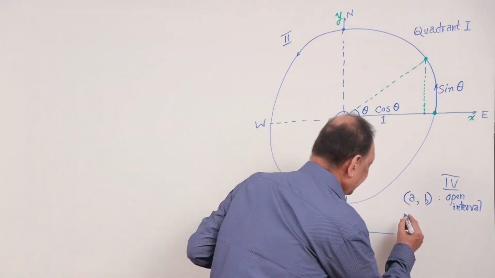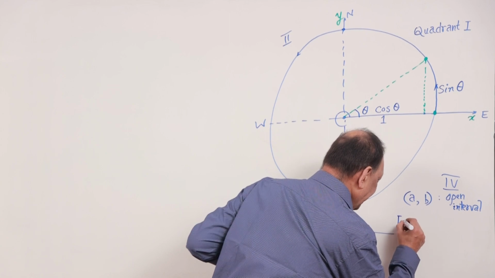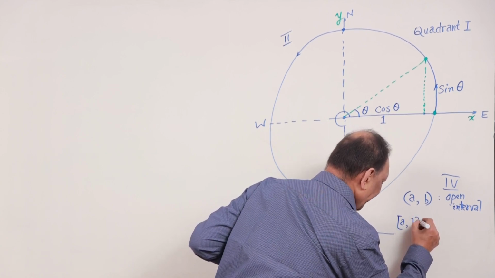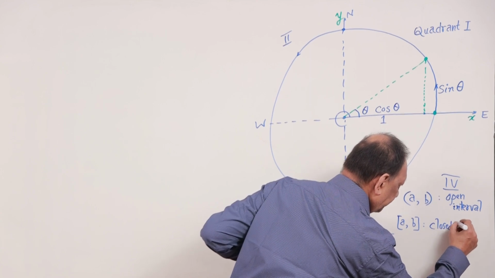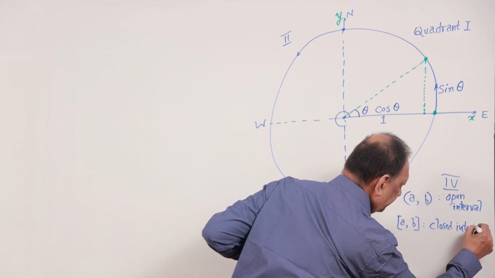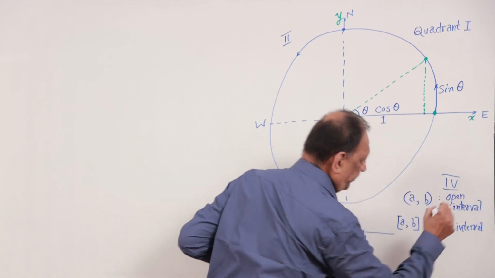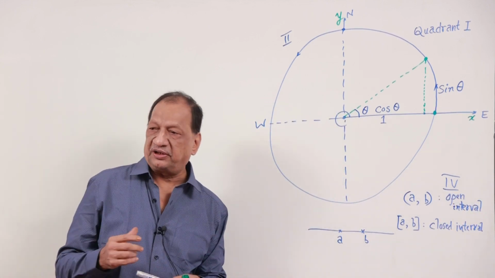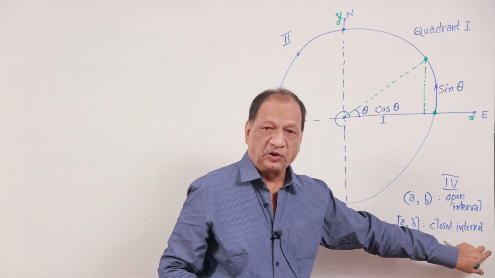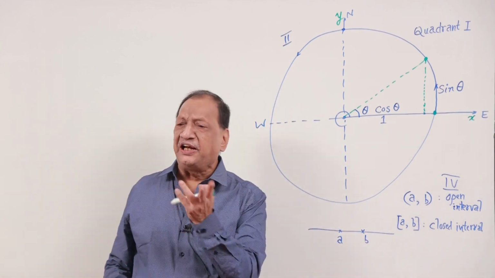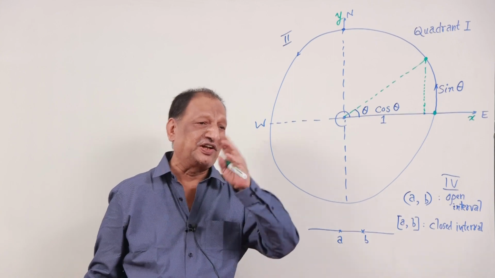Then we write square bracket A comma B close square bracket. This is the closed interval. Closed interval includes the endpoints A and B also, and all points in between. Now you can have partially open, that is open on one side, closed on the other side.